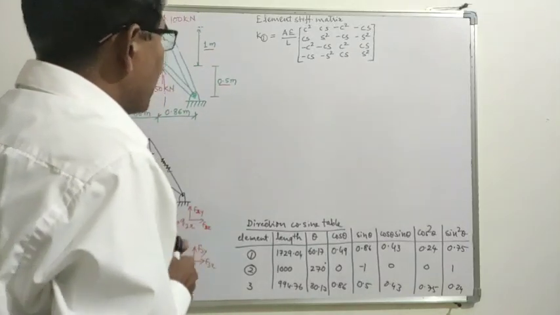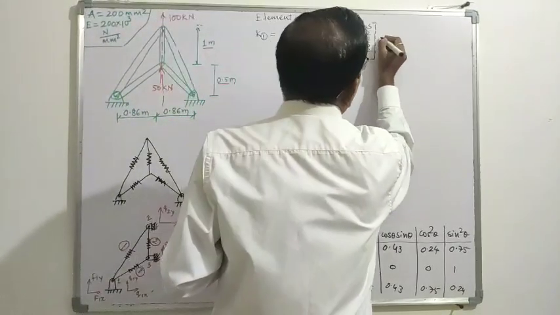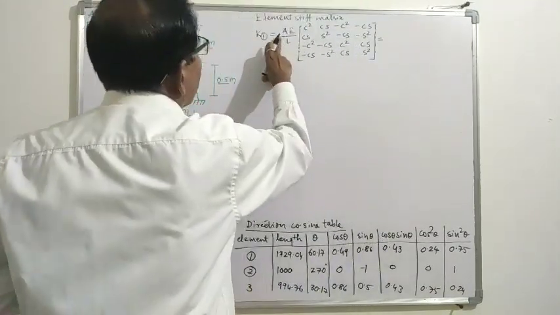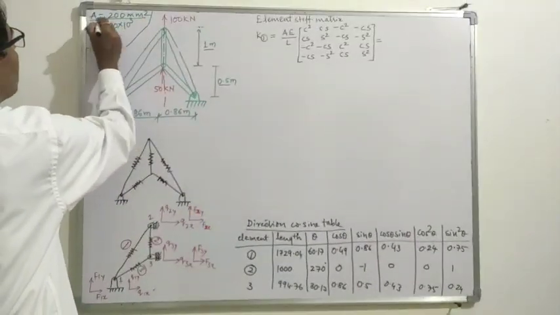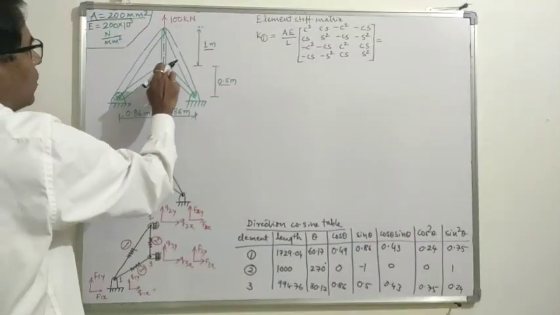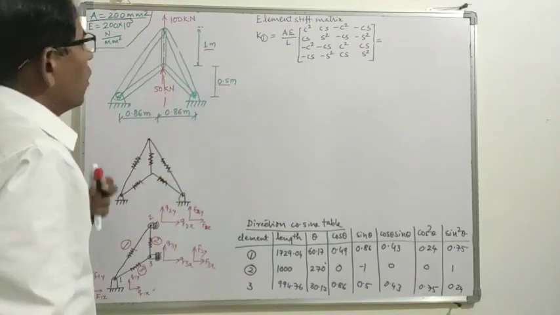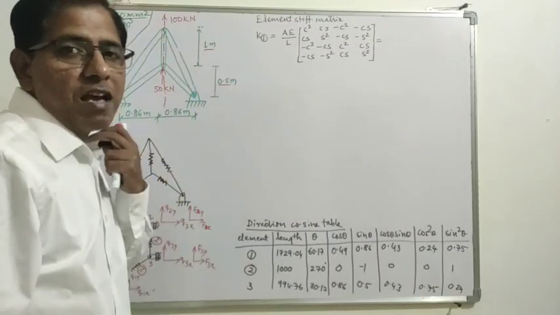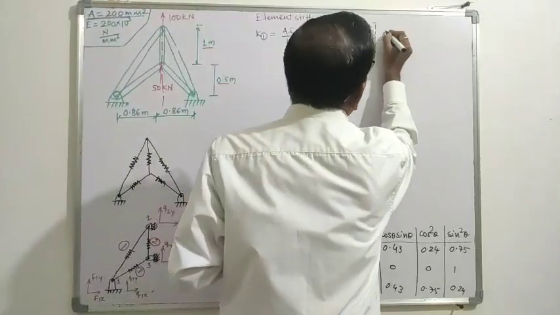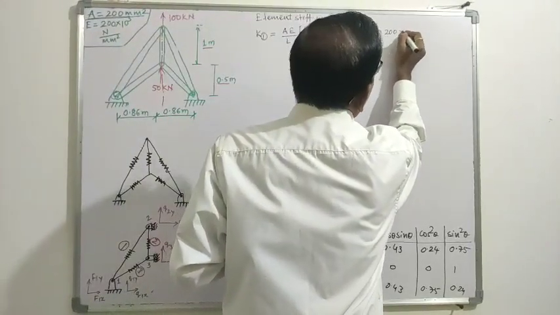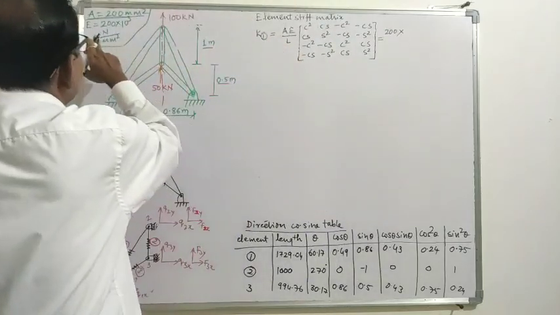Now if you put the values here, what is the area? Area is given. All the members of this truss have the same cross sectional area, that is 200 mm square. E is given.